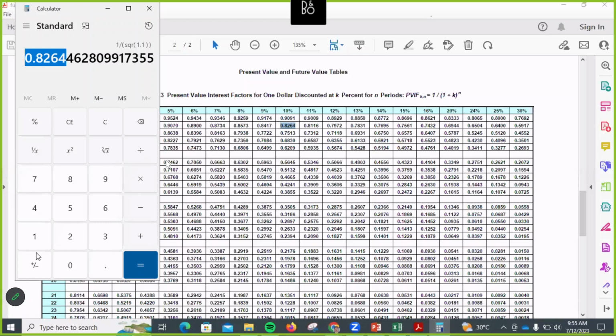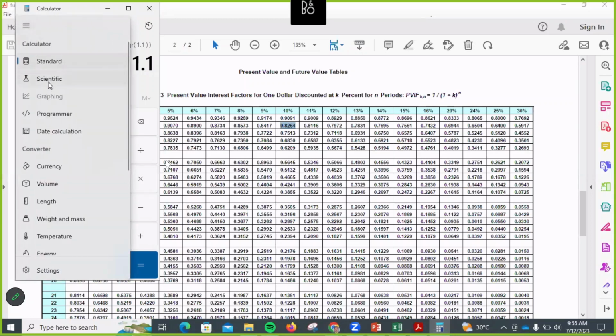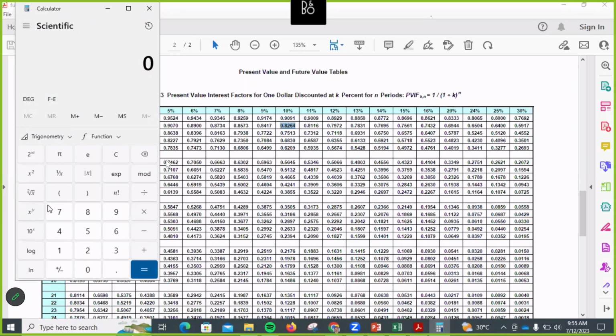Right? So if it is for 5 years, 1.1, you can't use this power. You can go to the scientific calculator. In the scientific one you can use the x to the power y function.